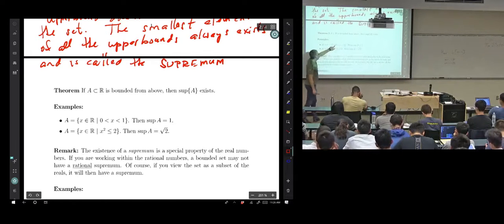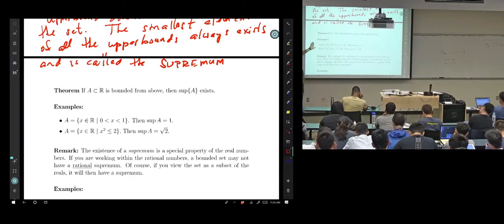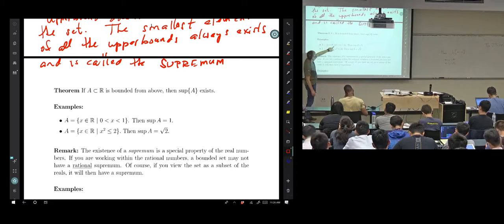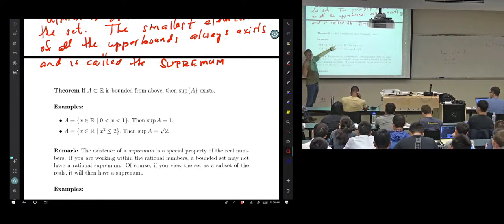If we go back to here, a lower bound is minus 12. Another lower bound is minus 4. 0 is also a lower bound. It's not an element of the set. 0 is an infimum, but it's not a minimum. The set does not have a minimum element.